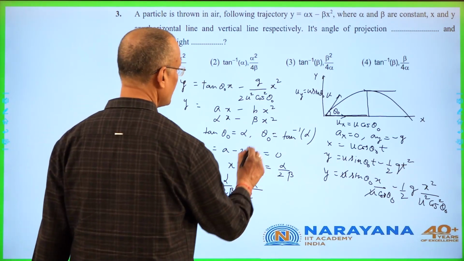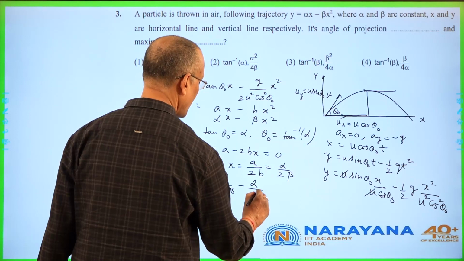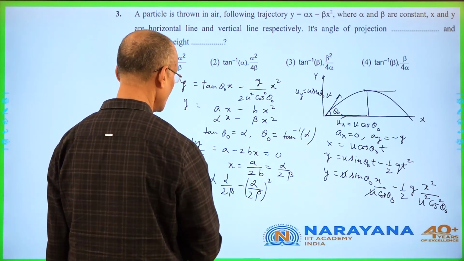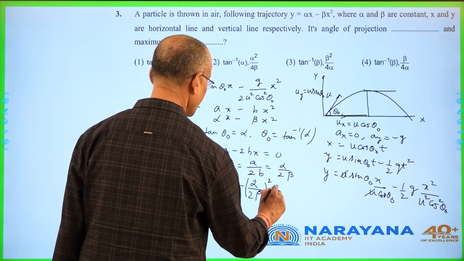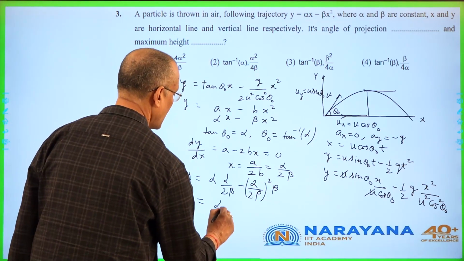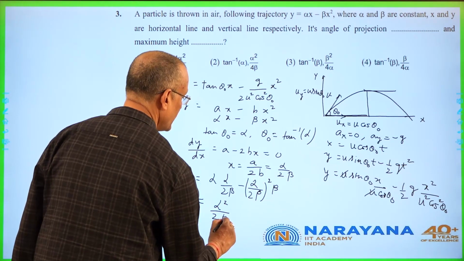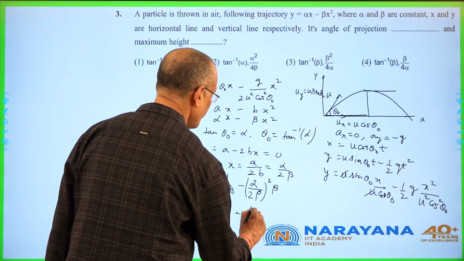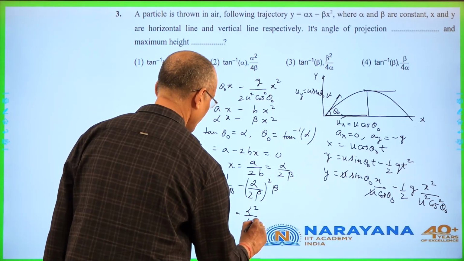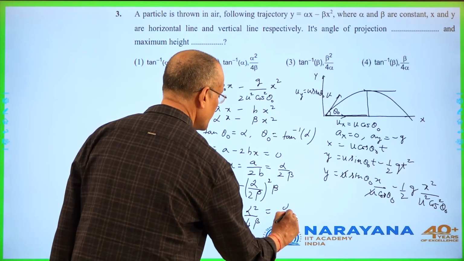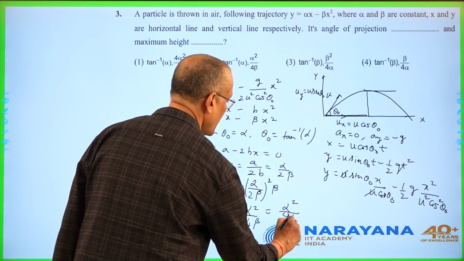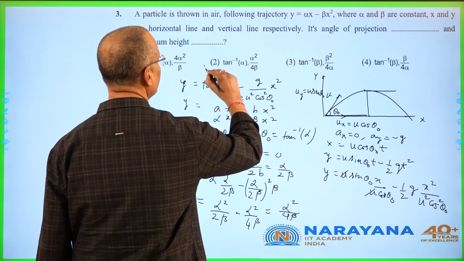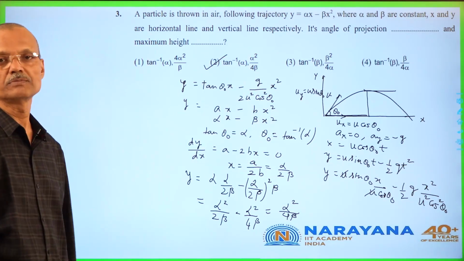So you have x squared alpha by 2 beta squared into, you are going for beta, you are getting alpha squared by 2 beta, minus alpha squared by 4 beta. This is becoming alpha squared by 4 beta. So answer will become 2.